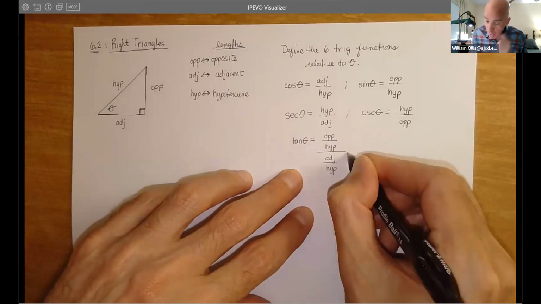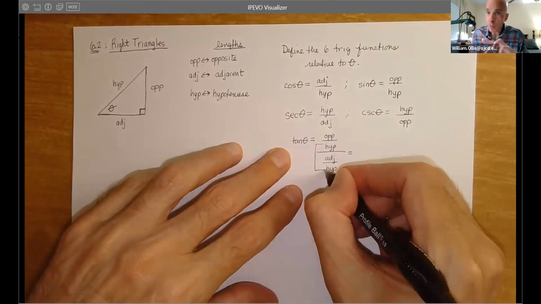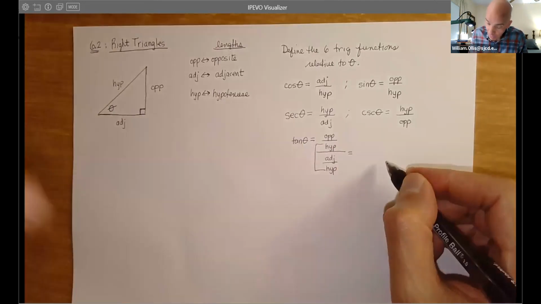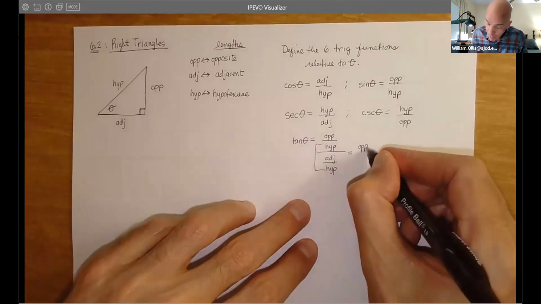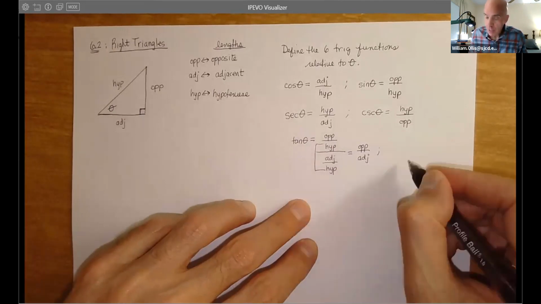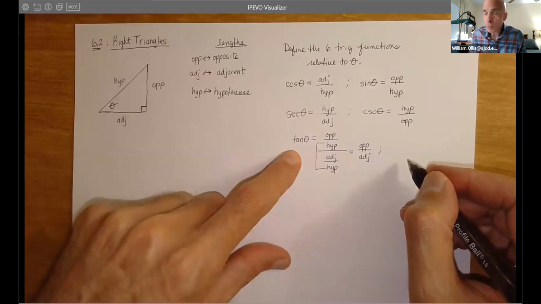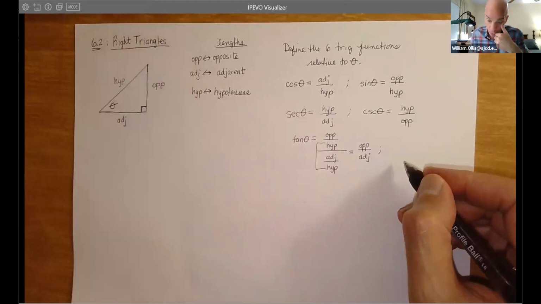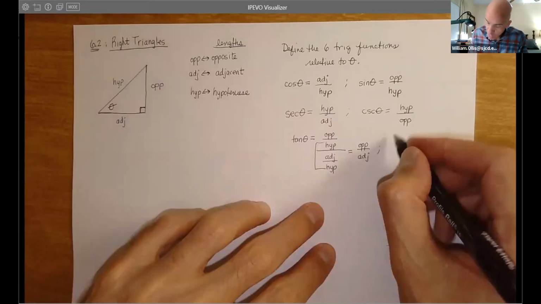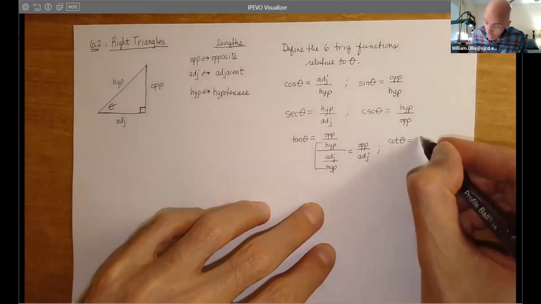But of course, with this ratio, the hypotenuse terms cancel when we invert and multiply, just leaving us opposite over adjacent. So very good. And then of course, cotangent we will define to be the reciprocal of the tangent. So cotangent theta will be adjacent over opposite.